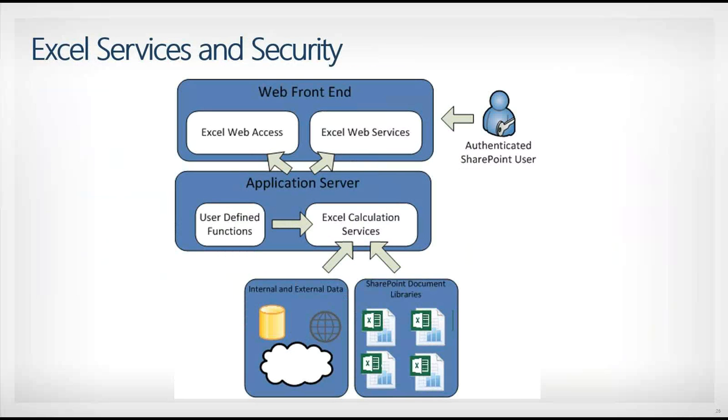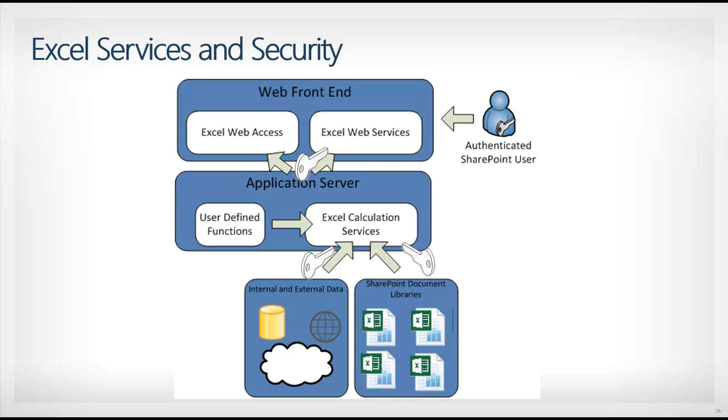Before I show what this looks like, I do want to talk a little bit about security. One of the things we try to do as we implement any BI solution is not have the security in just one place. Don't rely on the user's authentication to secure every step of the way. When a user requests this information through a SharePoint front end, first they're going to have to authenticate with whatever authentication methodology, in most cases Active Directory.